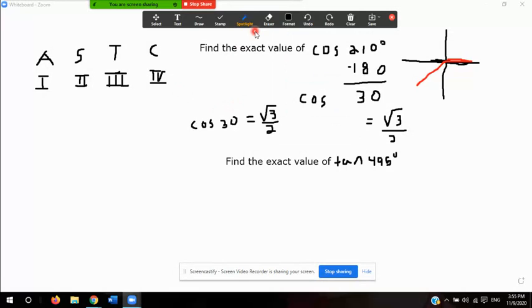So the exact value of the cosine of 210, and I'm going to write that down here, is not the square root of 3 over 2. It's actually the negative square root of 3 over 2, as I mentioned a minute ago. Negative square root of 3 over 2.